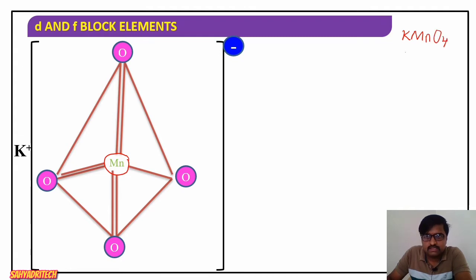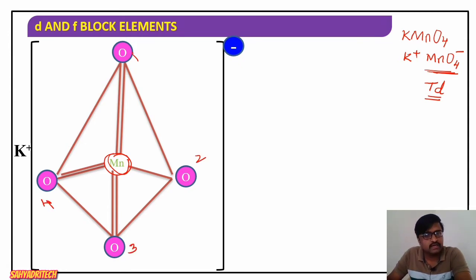KMnO4, which means if I split it, K plus and MnO4 minus. So the permanganate ion has tetrahedral geometry in which manganese is present at the center of the tetrahedron and four oxygen atoms occupy the four corners, 1, 2, 3 and 4, of a tetrahedron. This is the geometrical arrangement of the permanganate ion.